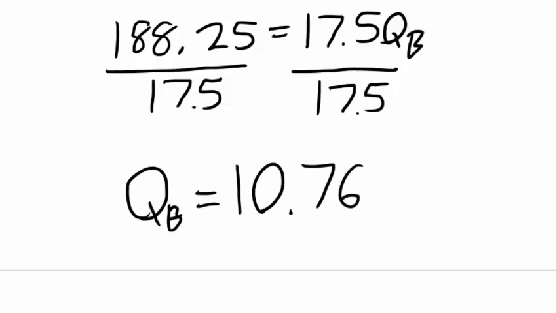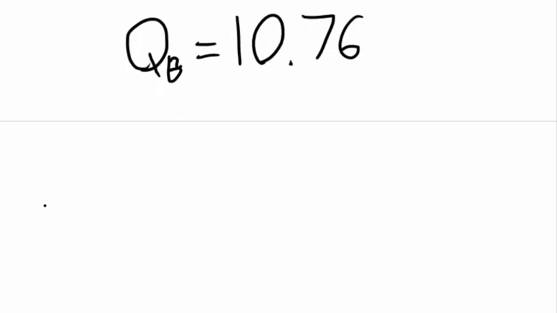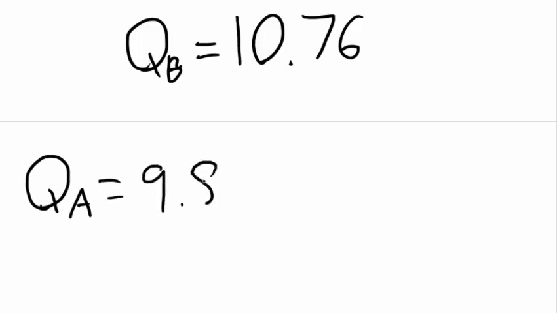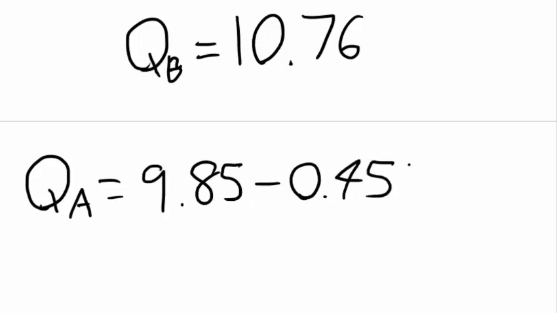good they are producing. And since we now know what QB is, we can also find QA using the reaction function we found earlier. And that reaction function was QA equals 9.85 minus 0.45 times QB, which we know now is 10.76.